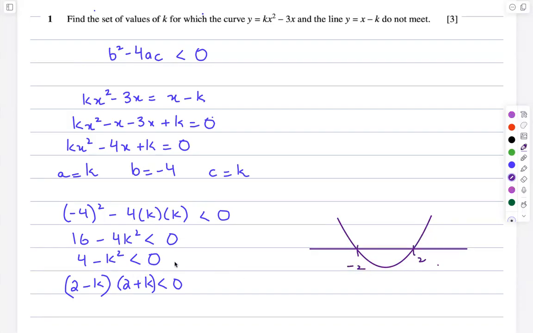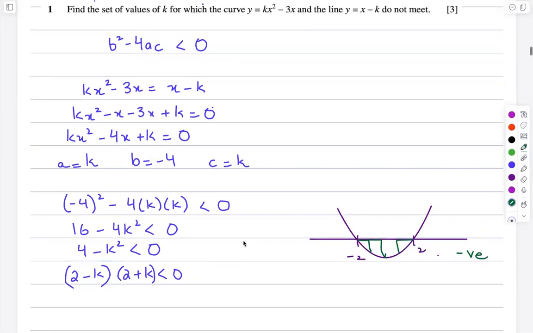Now, b squared minus 4ac has to be less than 0, which means it will be negative. So this curve will be negative between these two values of k. So the values of k will be k greater than... okay, there'll be one difference over here, as we had a negative k squared.